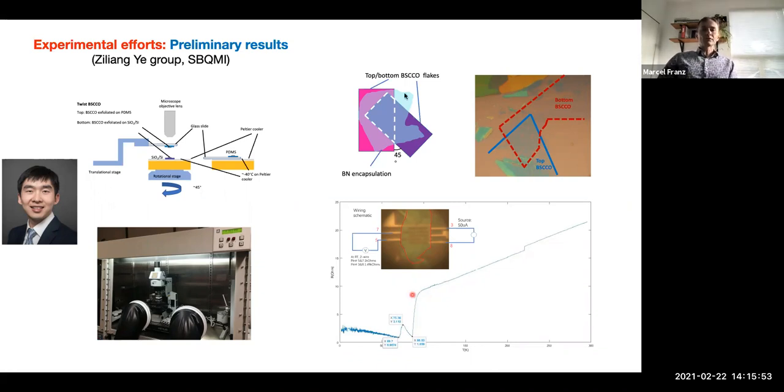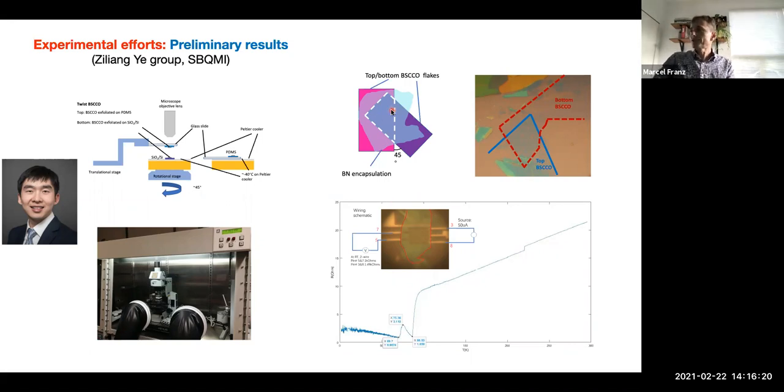They also managed to fabricate twisted bilayers, but the question is what to probe, because the easiest thing, and this is what they always do in graphene, is to look at transport, right? But transport in this sample will not really give you anything very interesting. It will just show you that the sample is superconducting.